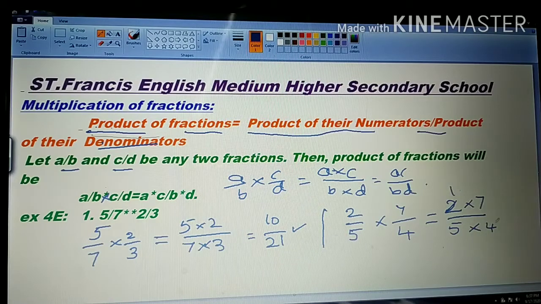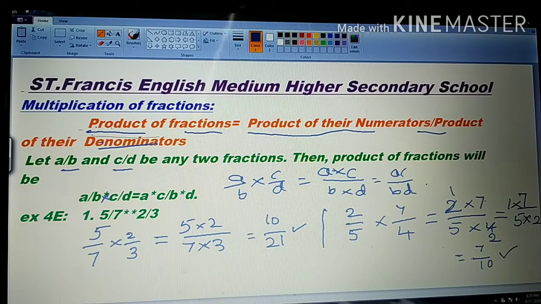If we have any terms like this that can be cancelled, just cancel them. 2 ones are 2, 2 twos are 4, so 4 will be cancelled here. You get 1 into 7, 7. The remaining I write as it is, 5 into 2. So 1 into 7, 7, divided by 5 into 2, 10.